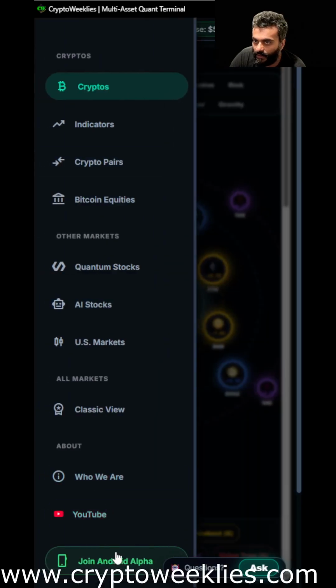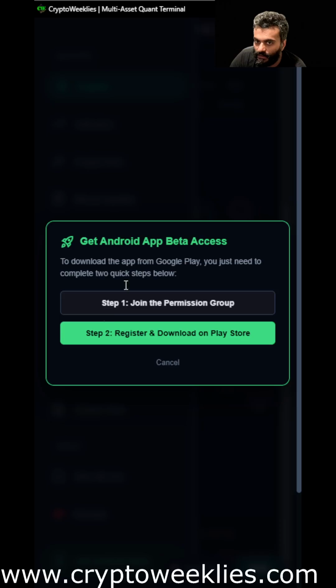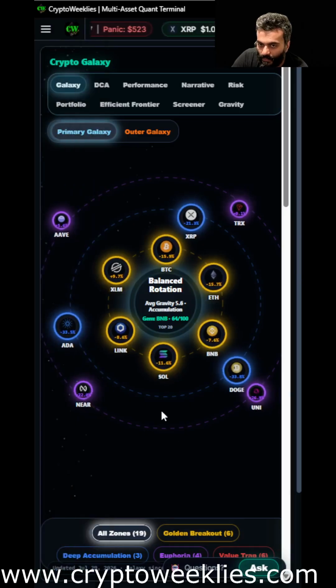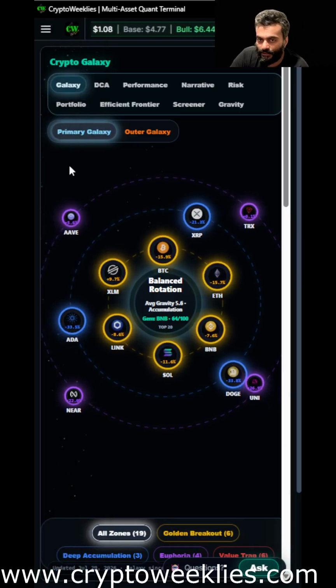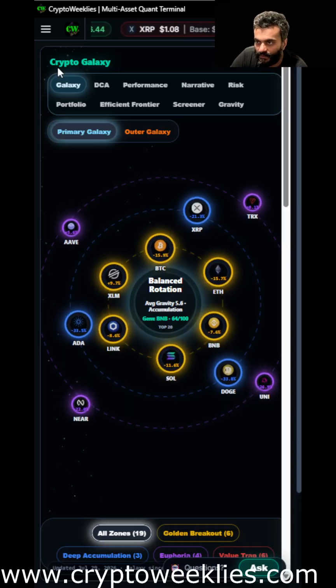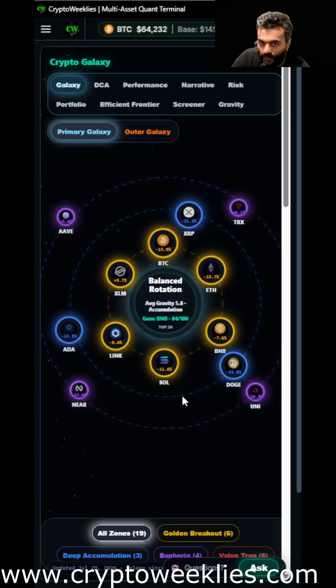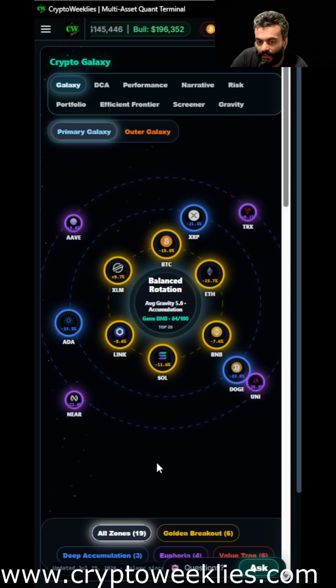On Android Alpha over here, step one is joining the permissions group and then registering and downloading. It might ask you to join the test group, then register, and then download it on the Play Store. Just wanted to highlight this early access for this app. It will most likely be on the Play Store, and potentially, if and when it's configured as an iOS app, on the iOS App Store as well. So just wanted to provide that heads up.